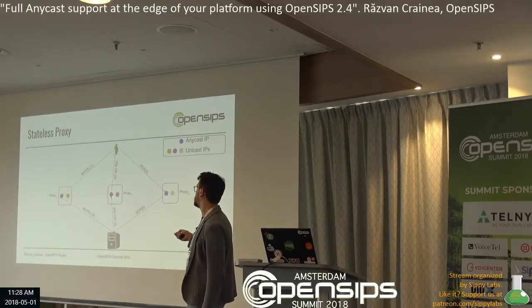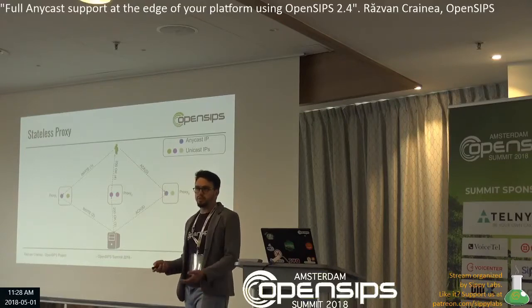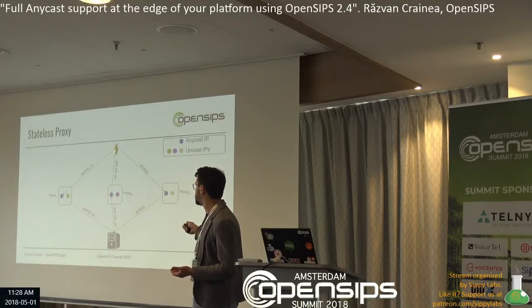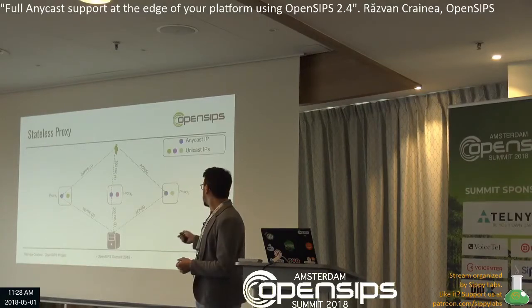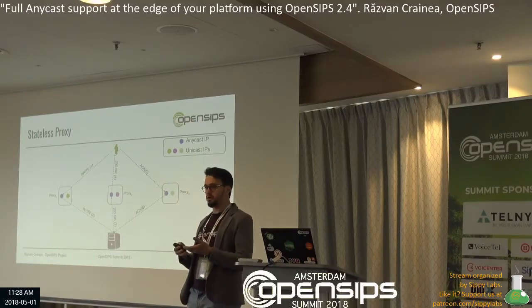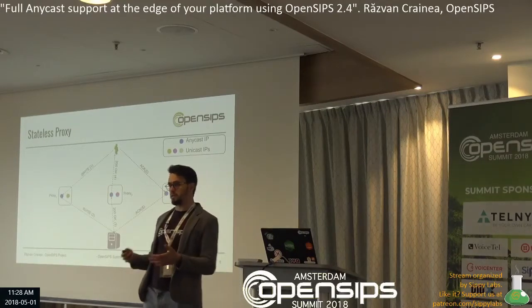For example, it can come here, but since it's a stateless proxy, you don't really care. You just take the Via information and route it to the customer. The ACK might again end up somewhere else. Again, you just take the request URI or the routing information and send it to the customer. You don't really care if it's stateless.